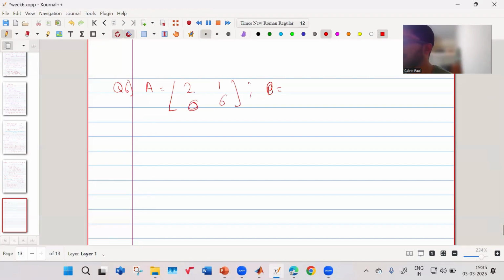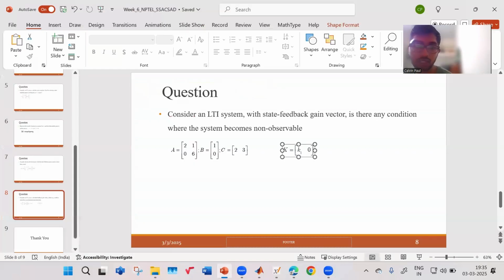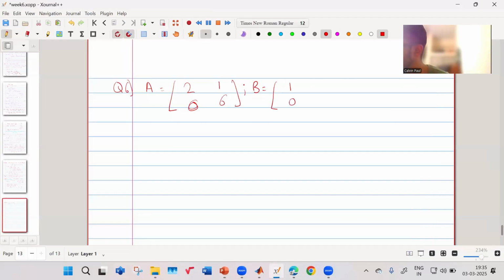And B should be equal to 10, and C should be equal to 2, 3. And the gain K vector is what? K1 into 1. Okay, this should be K1 into 1.